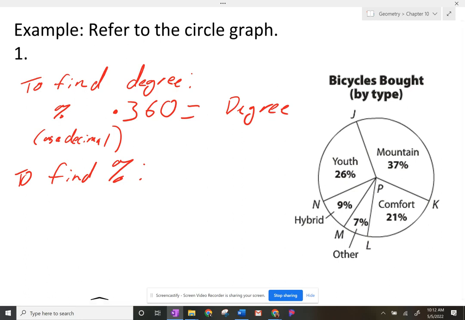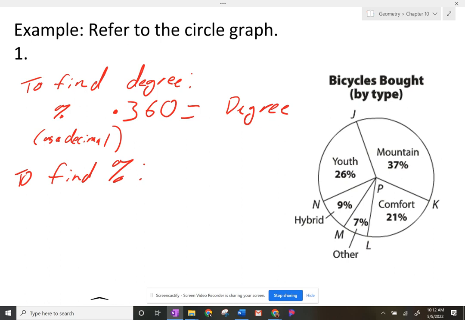And at this point, you guys are good being able to convert percentages to decimals without me giving like the extra step of dividing by 100. Just move that decimal spot over 2 spots. So if they give you the percent to find the degree, you'll take the percent as a decimal times 360, and that will tell you how many degrees it is.